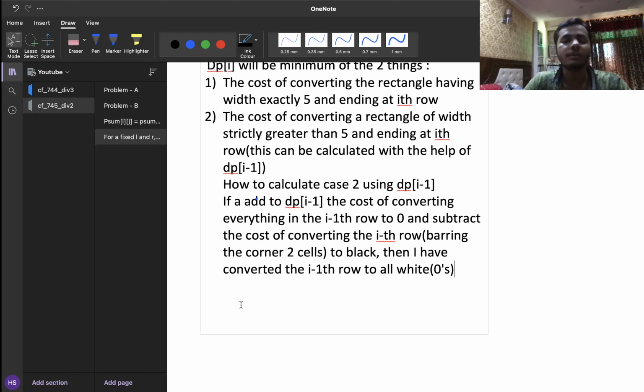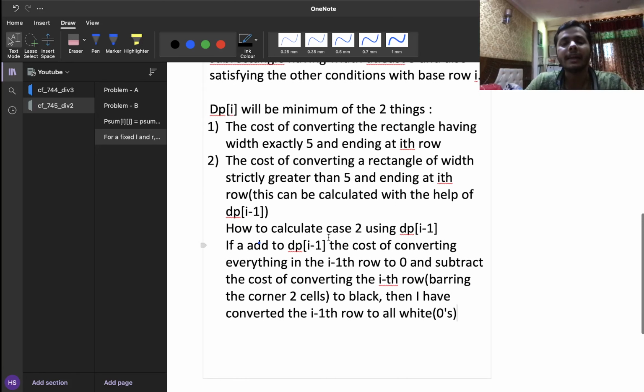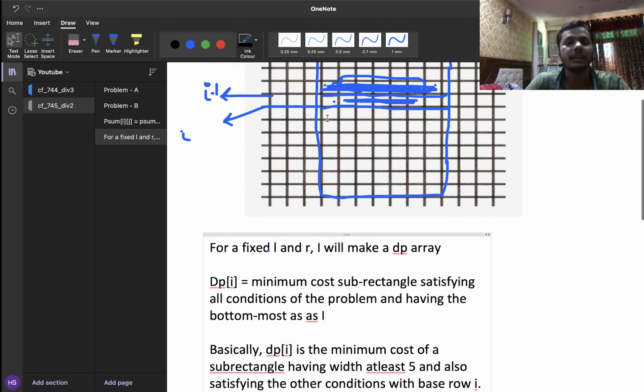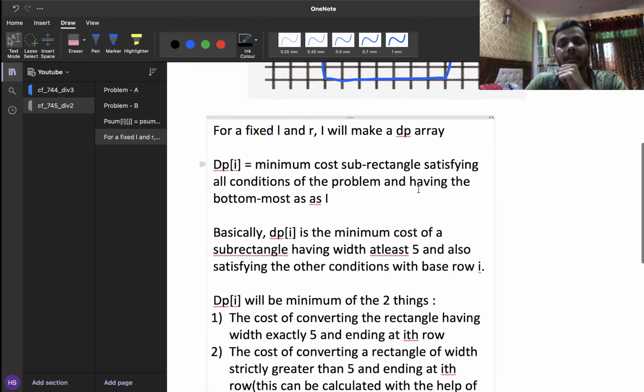What we do there is we take a dp array, and dp of I is either dp of I minus 1 plus a of I, or it is just a of I, right? And we are doing something similar here. We are adding to dp of I minus 1, to modify dp of I minus 1, the cost of converting the ith row to all black, or we are only taking the rectangle of width exactly 5 and whose bottommost row is I. So these are the two cases which we are taking.